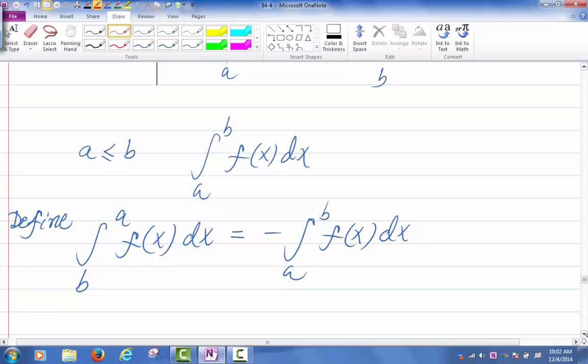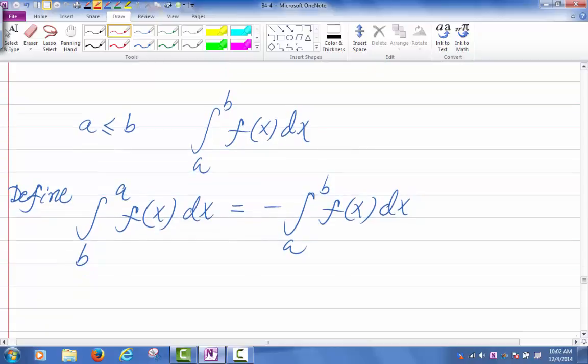Now, so far, when we defined the definite integral, we defined it where a is less than b. We took an interval from a to b, and we defined the meaning of the definite integral from a to b. That's what we defined.